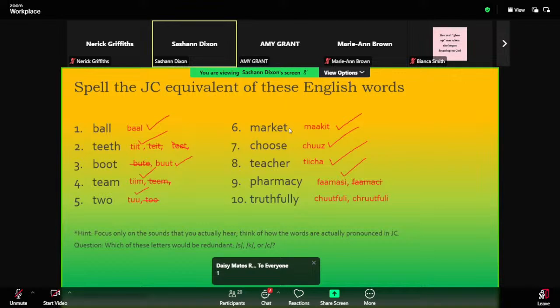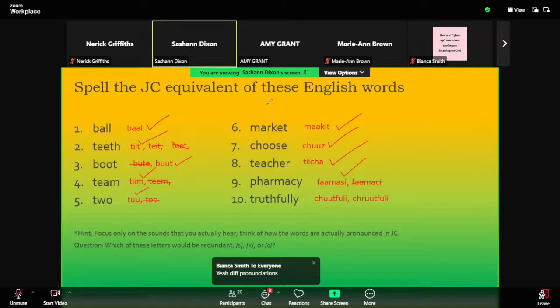Okay. All right. Now, I must say that technically either of the two is possible, because you might hear some Jamaicans say, truthfully, truthfully. However, my pronunciation that I gave a while ago was truthfully, without that R sound in there.